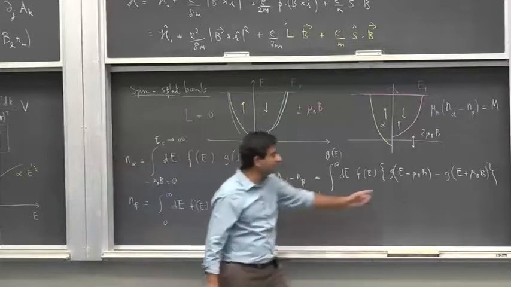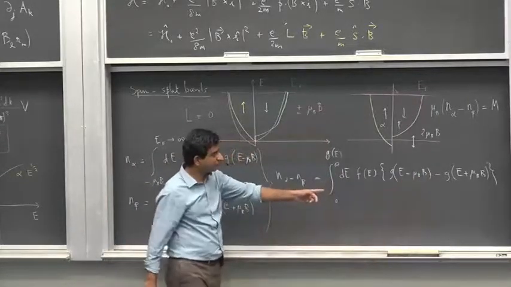Now, since mu B B is very small, I can use the Taylor series expansion to write this down.